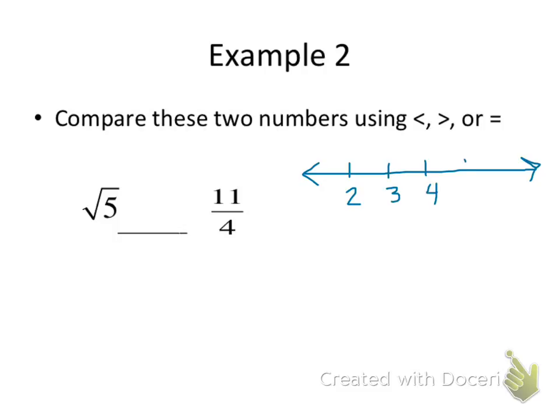If I'm going to look for the square root of 5, I'm going to find it somewhere between the square root of 4 and the square root of 9, and then you'll have all these numbers, right?